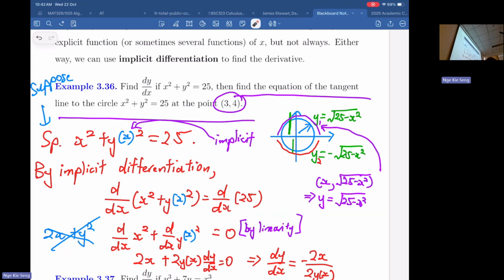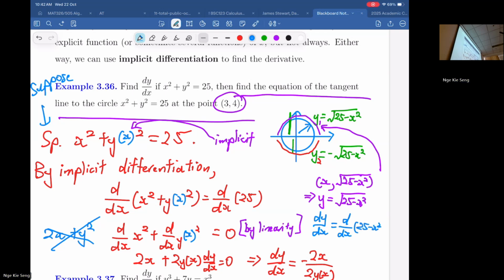If I do dy/dx here, what do we get? You know how to differentiate the square root function? How to differentiate this? This is also a composite, right? Because you have a polynomial, you have a power. So you use the chain rule, what do you get?